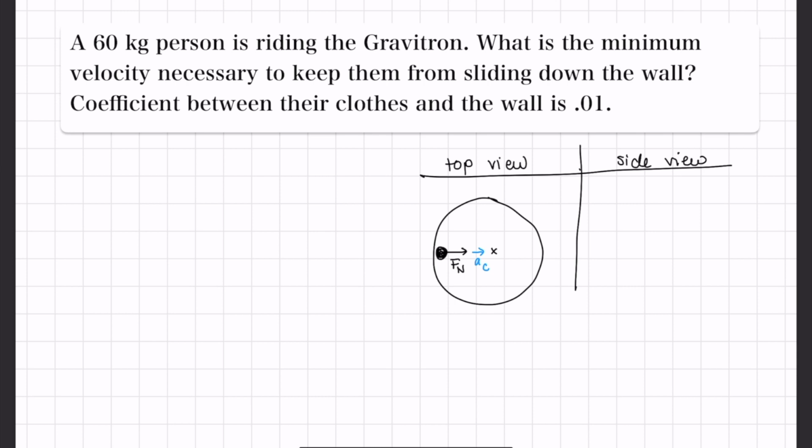And then on our side view, we're going to have mg pulling us down and the force of static friction pushing us up. We've got mass equals 60 kilograms, mu s is 0.01, and we are solving for v.